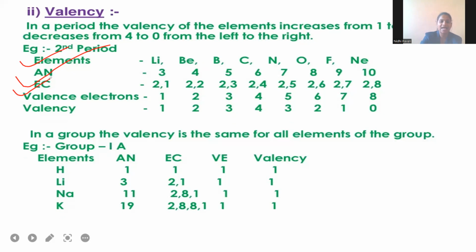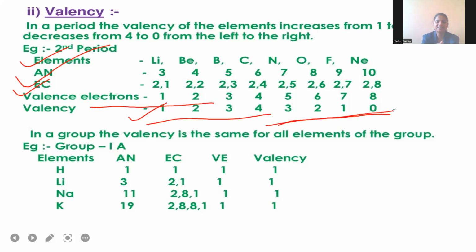As the valence electron increases, valency also increases, right? So here from 1 to 4 it is increasing, and then decreases from 4 to 0, see here. In a group, the valency is the same for all the elements, as the valence electrons are the same.